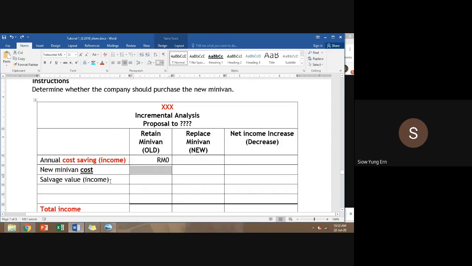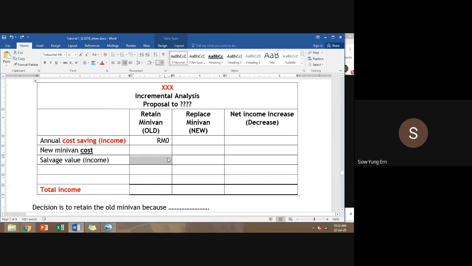So if you're going to retain your old minivan, any salvage value?